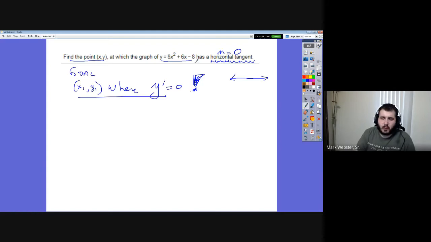So let's do that. Well, we've got to do the difference quotient. And this one's going to be mildly painful, but we're going to get through it together. So we've got the limit as h goes to 0 of, anywhere you see an x, you got to put an x plus h the first time around, minus this original one.